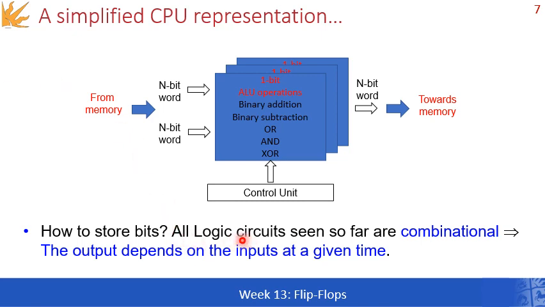Contrary to all the logic circuits that you've seen so far, which are combinational, where the output depends on the inputs at any given time, you're going to see a new category of circuits. A category of circuits where the output depends not only on the current input, but also on the state, on a history, on the output from previous instances in time.